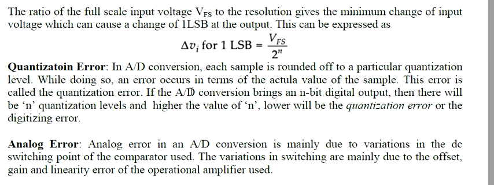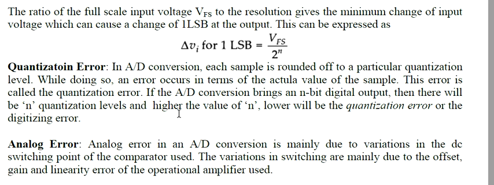Next is quantization error. In analog to digital converters, after the sample and hold circuit, there is a block, the quantizer. The quantizer rounds off the sample to a particular level. Suppose there are n bits, there are 2^n quantization levels, and while doing so, some error occurs in the actual value of the samples. This error is called quantization error.